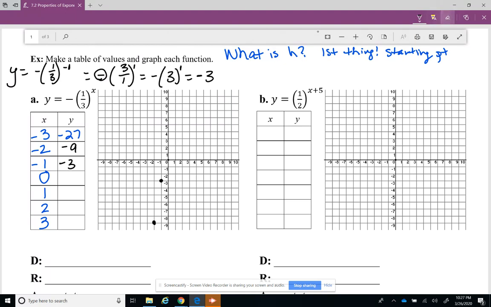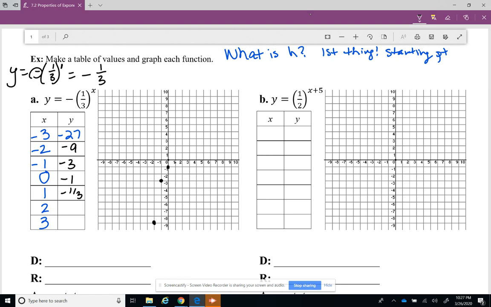Let's put a 0 in there. Anything to the 0 is 1, but then you still have to put that negative out in front, so -1. So 0, -1. Let's put a 1 in there. There's a negative out in front, and then 1/3 to the 1 is 1/3, so -1/3.